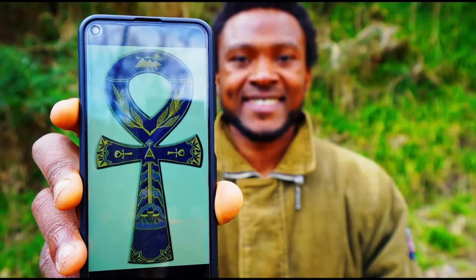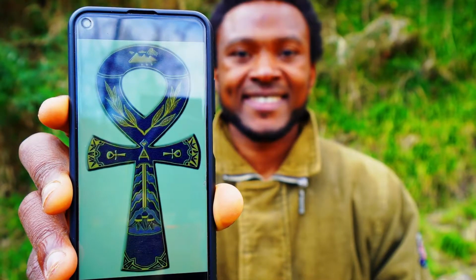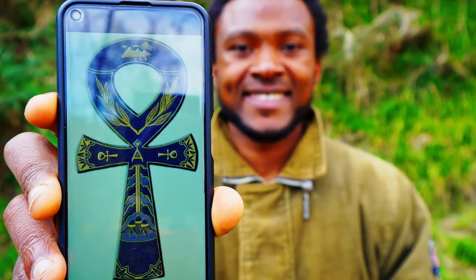Then the second one is the ankh, which represents life. It is the ancient Egyptian, or Kemet, symbol. It represents life. It represents eternity.